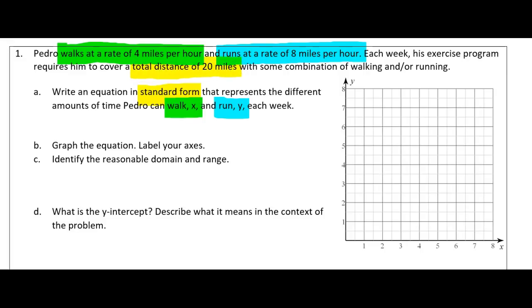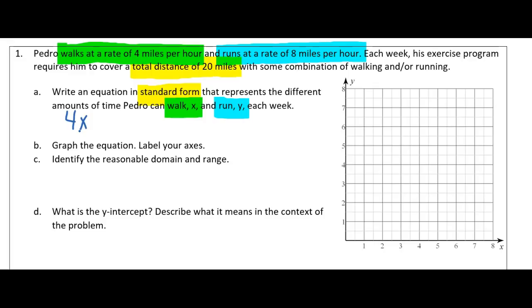So in order to write my equation, I'm going to match up. If it's 4 miles per hour, and I have x representing the amount of time in hours, I can have my first part of this equation as 4 times x, because that represents 4 miles for every hour. And same with my running.